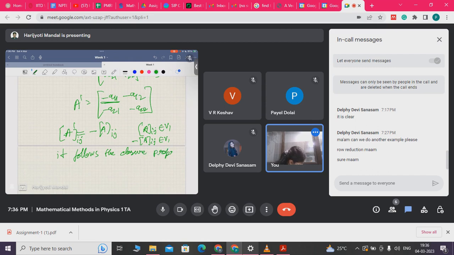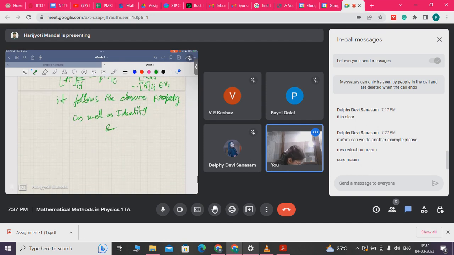So it follows the closure property as well as identity, and also has an inverse.